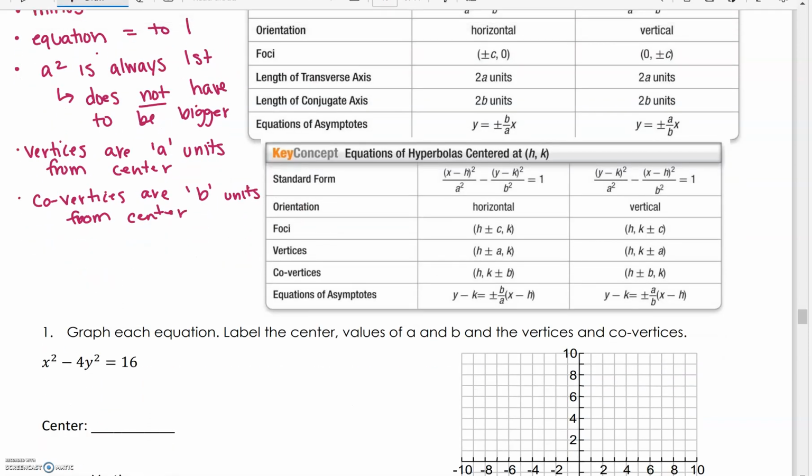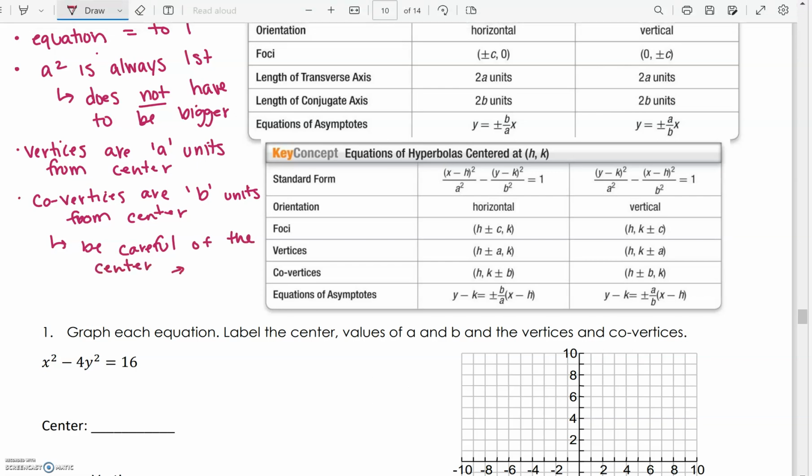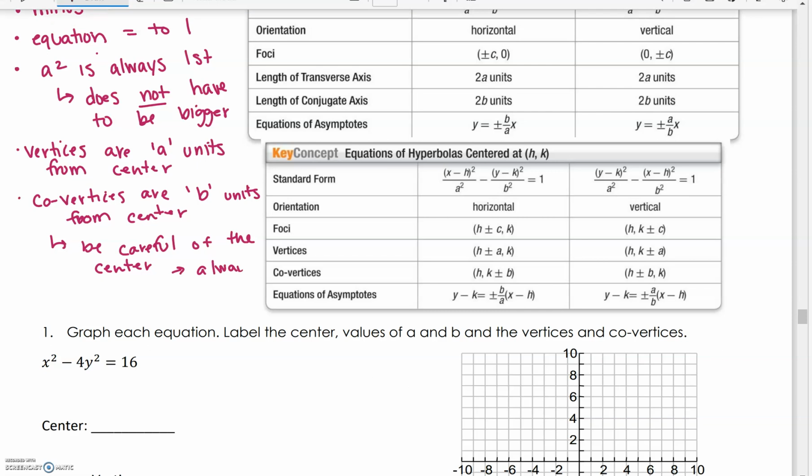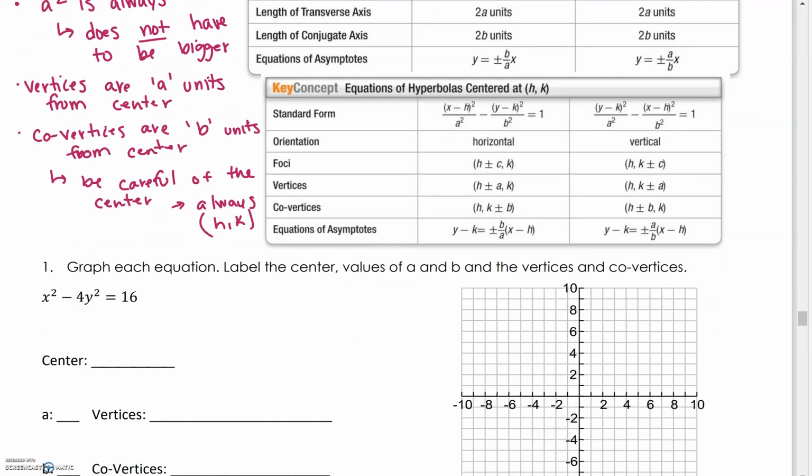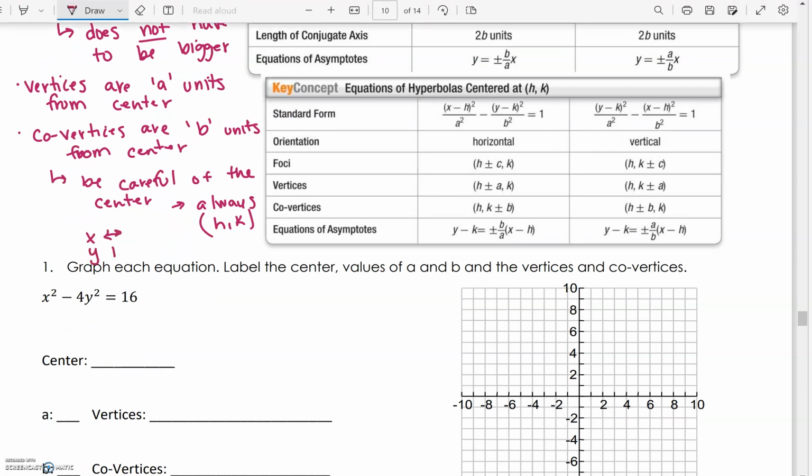Be careful of the center. It's always (h, k), so x going left and right and y going up and down.